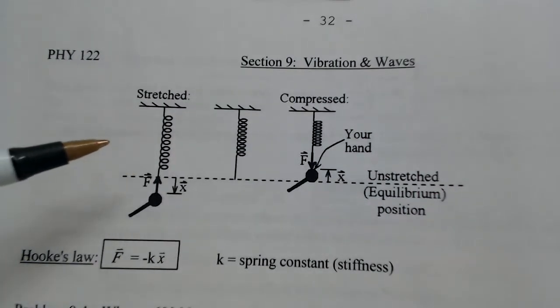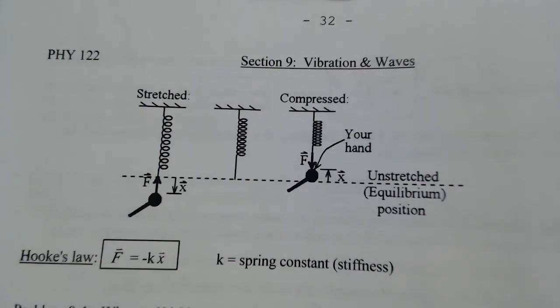Notice in the picture on the left, the spring pulls up on your hand, and the end of the spring has been moved downward. Likewise, over in the one on the right, the force is down, but the displacement is up. F and x always have opposite directions. And that's why there's a minus sign in there.